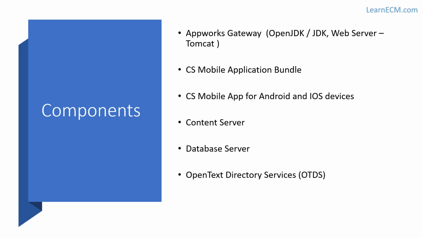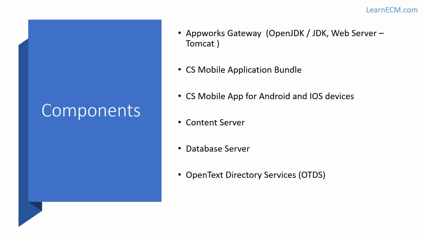Then we need our Content Server installation, to which all these components will connect. Then we need a database server for hosting AppWorks Gateway's tables. And then we need OTDS, or OpenText Directory Services, for authentication. These are the different components involved in any mobile implementation.